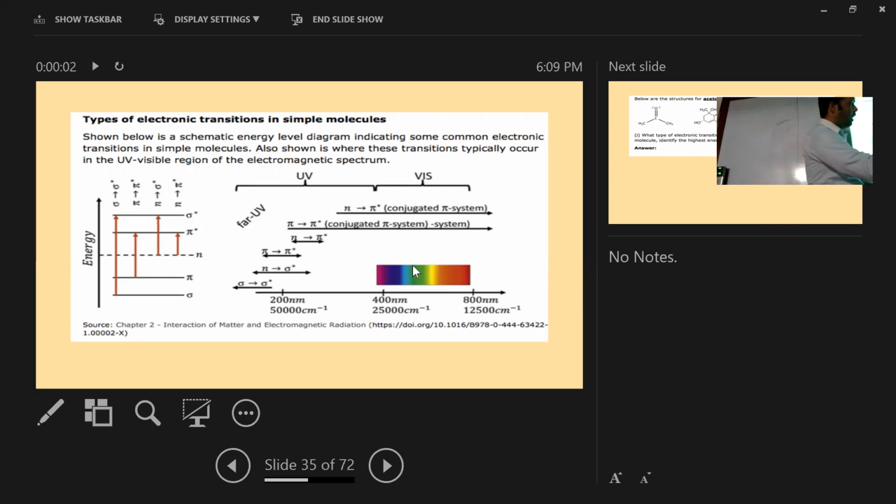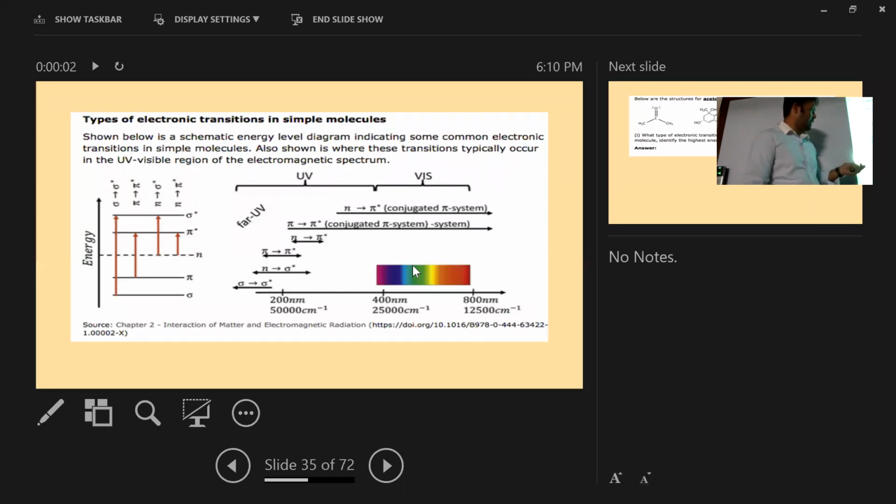And this non-bonding electron, the oxygen, we have two lone pairs. So this non-bonding electron can be removed easily because it is not bonded at all. So if we give very little amount of energy, we can remove this electron either in this pi star or sigma star, anywhere. So based on how much energy we are giving to the molecule, you will have different types of excitation.